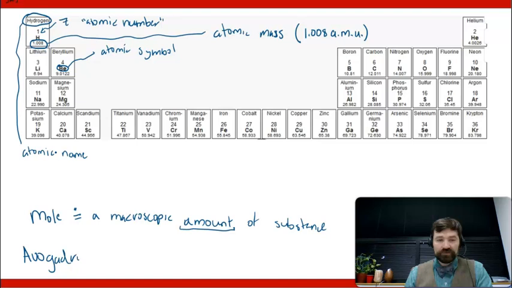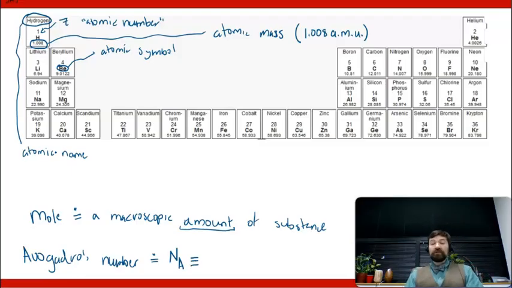Avogadro's number is usually represented by the symbol N sub A, sometimes N sub O, but I prefer N sub A. Some people also use a capital L. Historically, 1 mole was 32 grams worth of oxygen, and Avogadro's number was the amount of oxygen atoms present in that 32 grams.